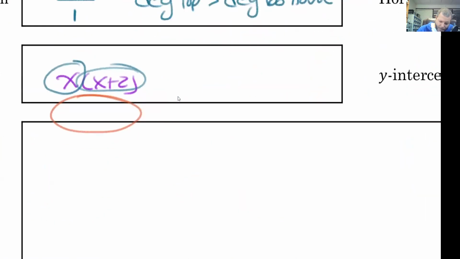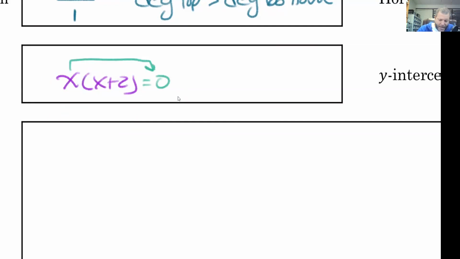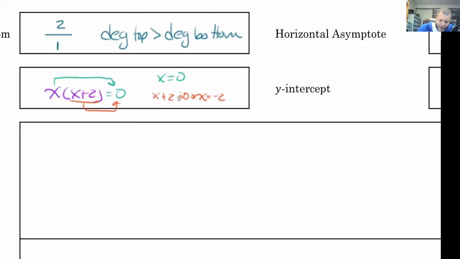Remember, everything that has an x gets a chance to be equal to 0. So that x gets a chance to be 0, and this factor x plus 2 gets a chance to be equal to 0. That means we have 2 x-intercepts: (0, 0) and also (-2, 0).